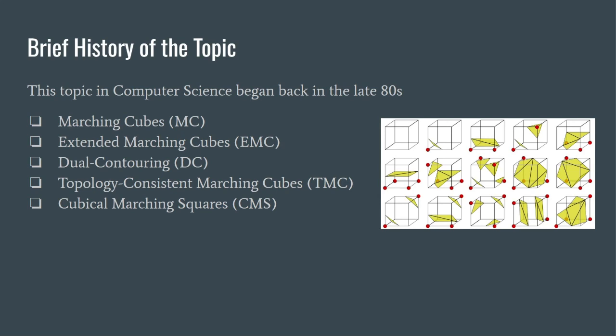After that comes the topology consistent marching cubes, which fixes only the topological inconsistencies while still maintaining the intercell independency. Which then leaves us with the cubical marching squares, which is proposed to offer solutions to all of the problems of marching cubes while still maintaining the intercell independency, allowing parallel computations.